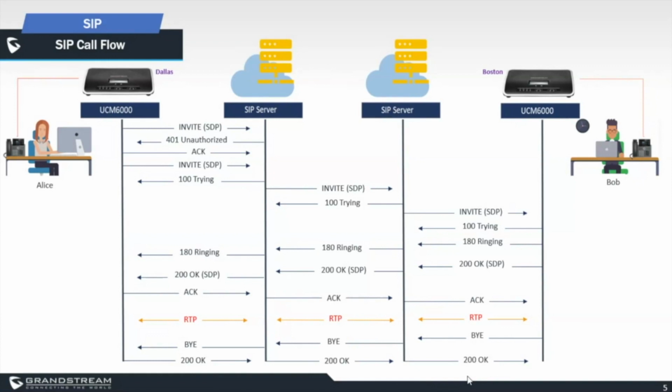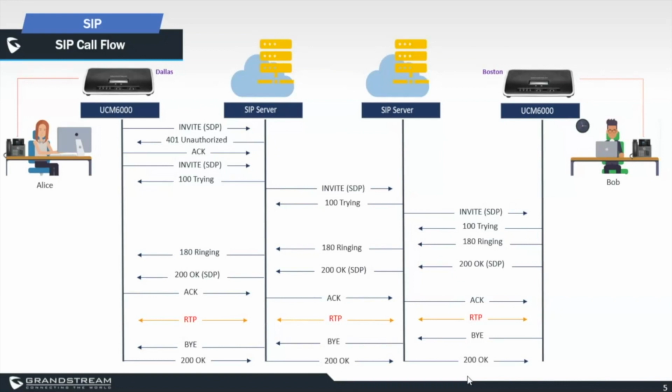So the 200 OK must be acknowledged with an ACK message, as you can see in the call flow diagram. And if the ACK message is not received within 32 seconds, the call will drop. This is a very common issue, especially with SIP servers that use multiple servers, like one for the SIP traffic, another one for media traffic, and then another proxy for billing.